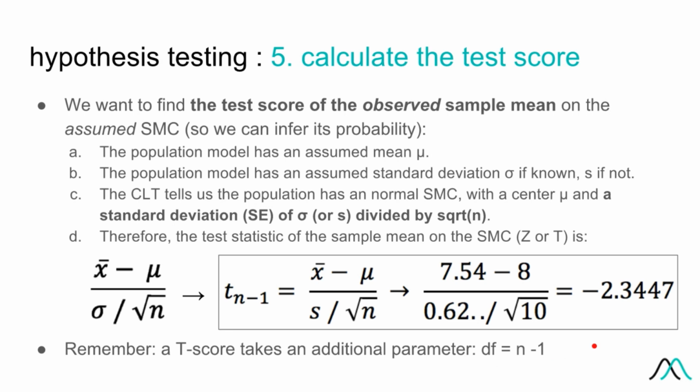So what do we do with this score? Well, we're going to use it to infer the probability of seeing the sample mean we did if the true population mean is as assumed. In other words, just how likely or unlikely were we to sample a mean of 7.54 feet in a sample of 10 Sasquatches if their true mean height really is 8 feet after all?